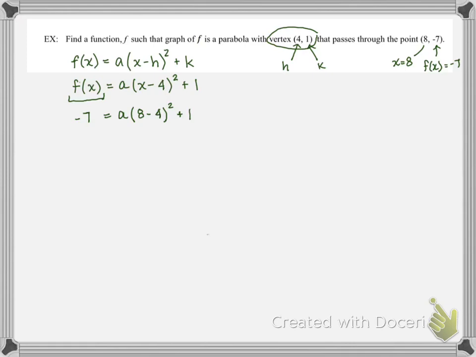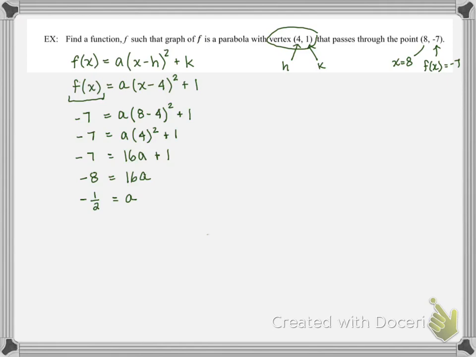And then we'll simplify as much as we can before we start solving. So I'll do 8 minus 4, and then 4 squared is 16. So I have -7 = 16a + 1. Now we can solve for a. So we'll subtract 1 from both sides, and then divide both sides by 16, which gives me a = -1/2.